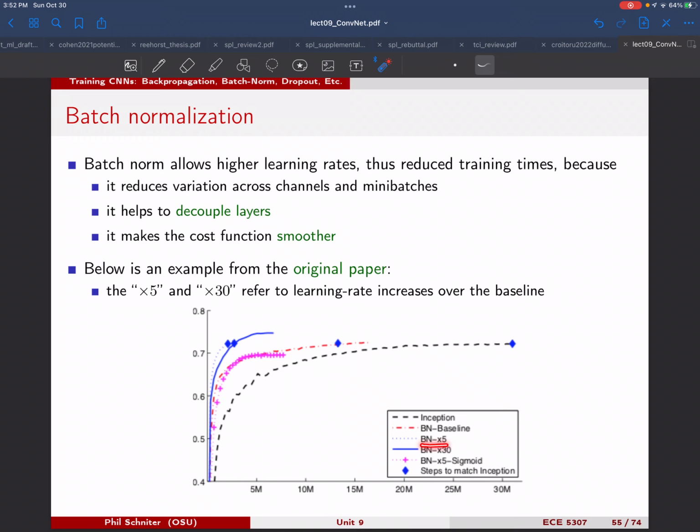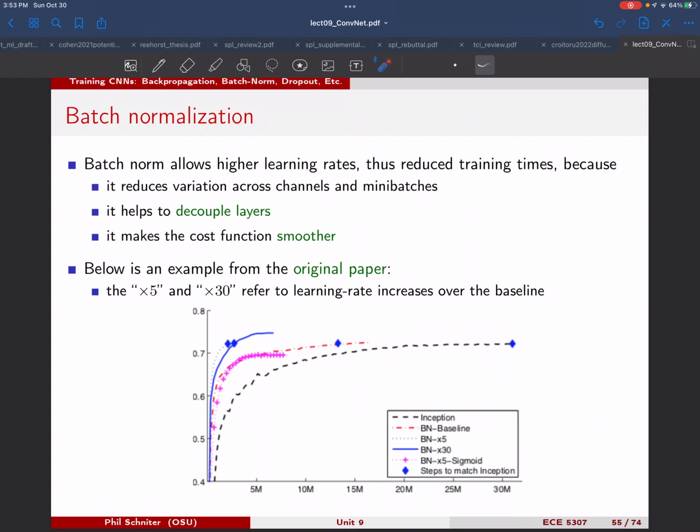If we multiply the step size by 5, we get this blue dotted line. Now you can see it's really converging quickly. But you can go further. You can increase the step size by a factor of 30. Then you get this solid blue line, and you can see not only is that converging quickly, but there's a sizable increase in performance that you can get over these other choices.